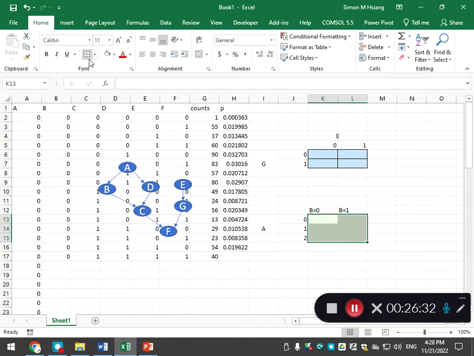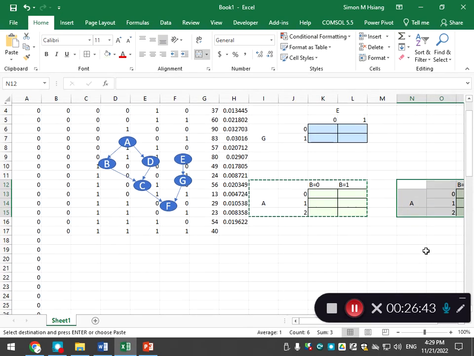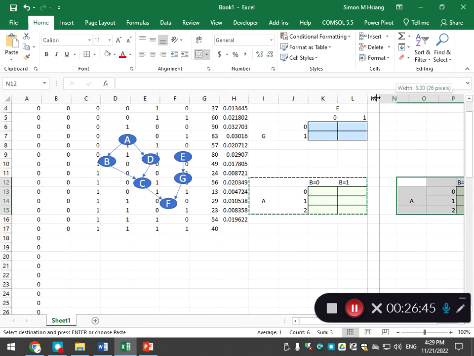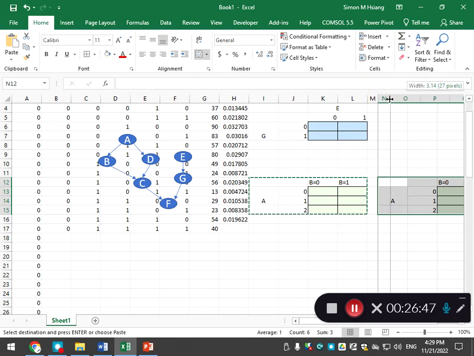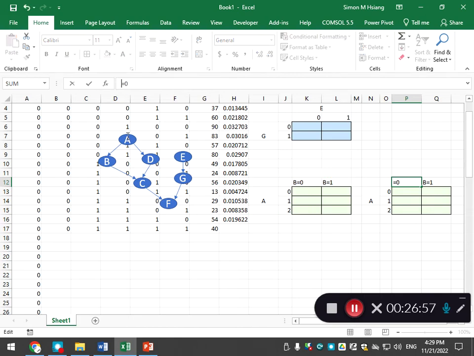Okay? And similarly, I can build a table here. This time is what? A is 0, 1, 2, and D is 0 or 1.